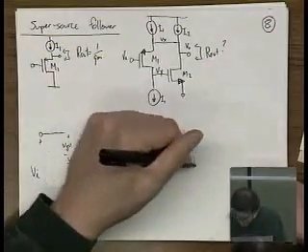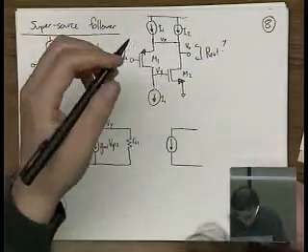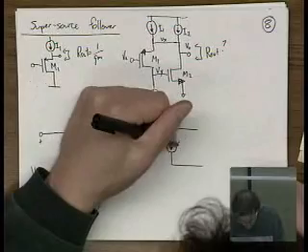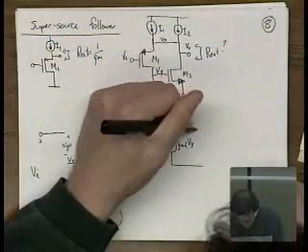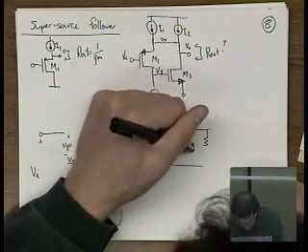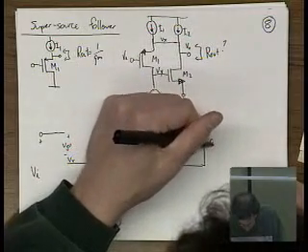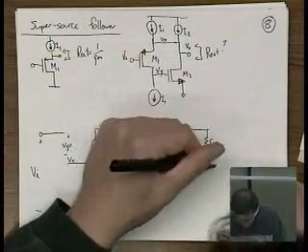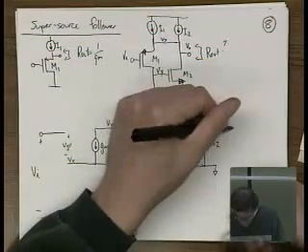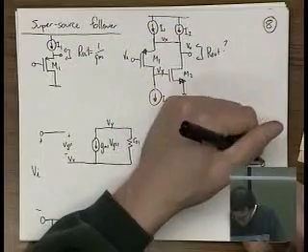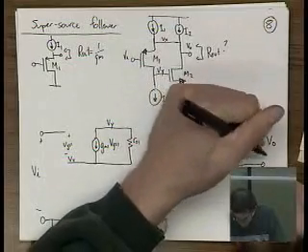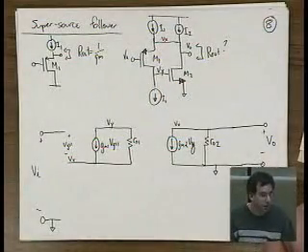So the second transistor: this is V out, GM2 VY, R02. Okay, everyone see this so far?